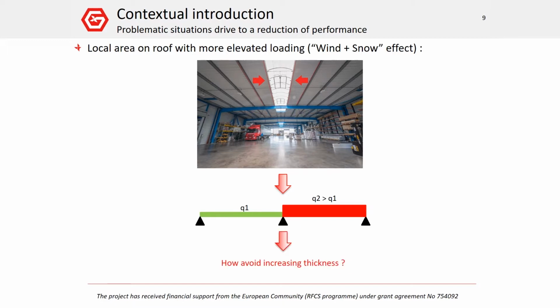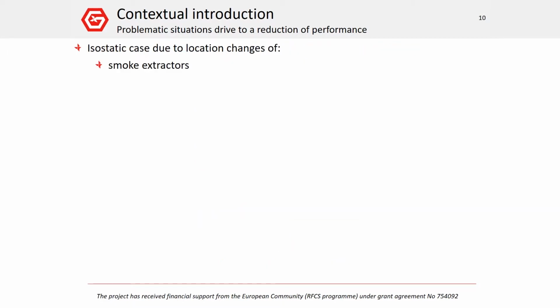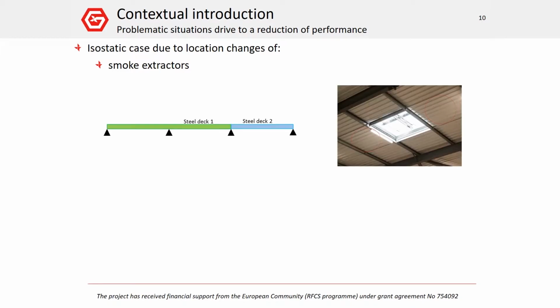This configuration has consequences since the strength of the steel sheet alone is probably no longer enough, and it's then for engineers to find a solution that avoids increasing the thickness and therefore changing the initial choice. The second example is adding or moving smoke extractors.